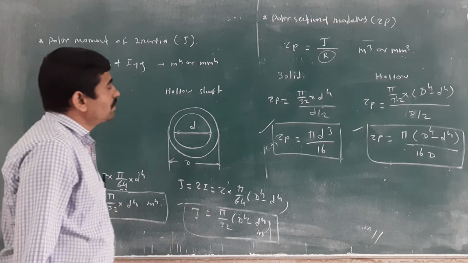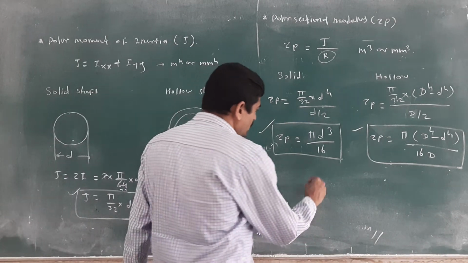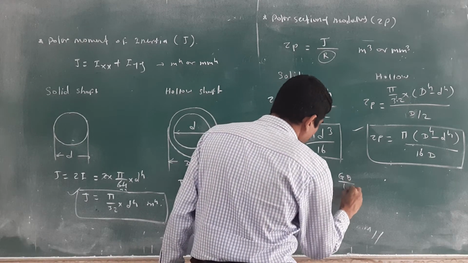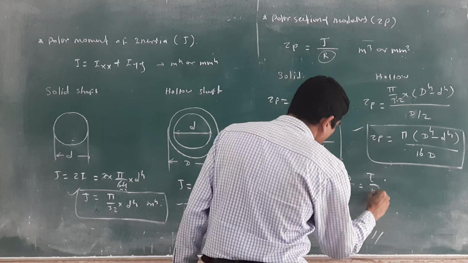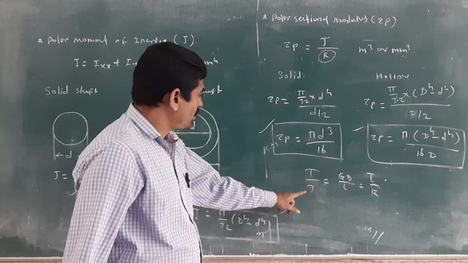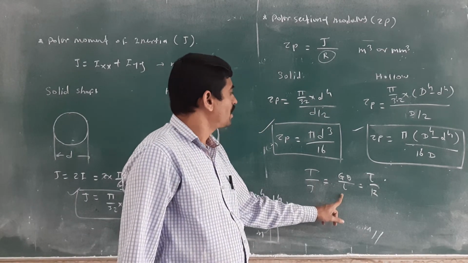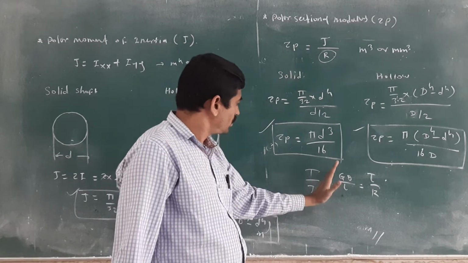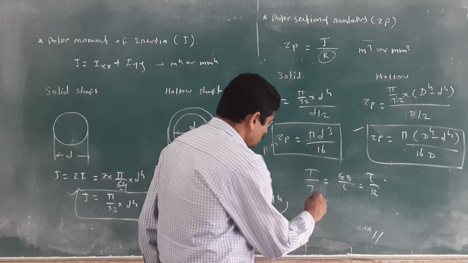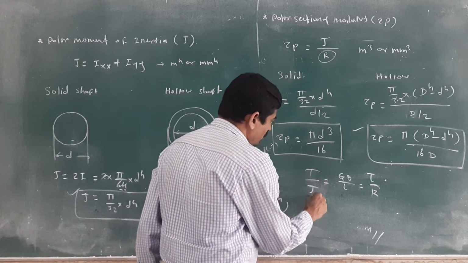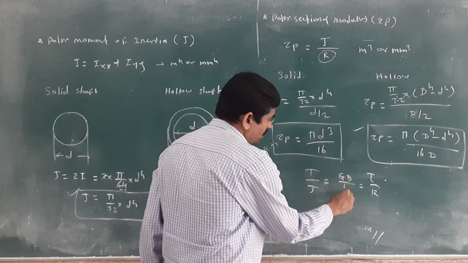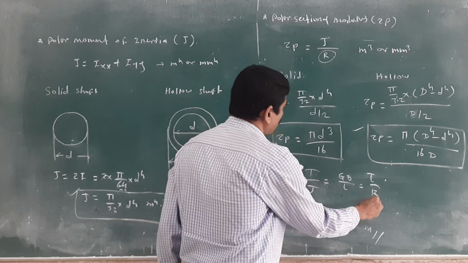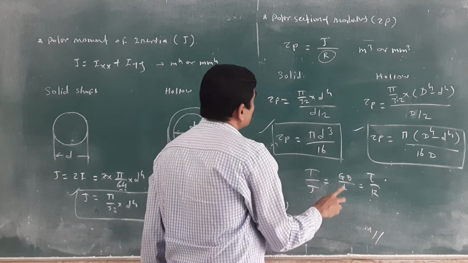You should remember these two formulas, they are very important. When you are solving the numericals, check the formula T by J is equal to G theta by L is equal to tau by R. Again check that. Sometimes you should use the first relation only, T by J is equal to G theta by L, or sometimes you have to use T by J is equal to tau by R. Okay, then you can easily calculate.